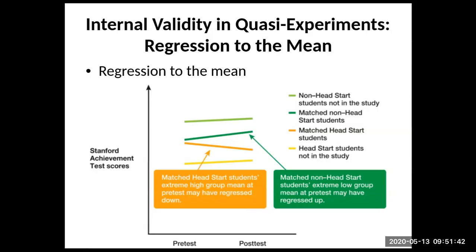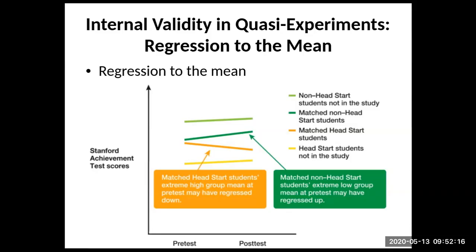So in this case, looking at the students in Head Start, we could match their scores as best we can to scores of people in regular preschool programs. So you can see down there for pre-test and post-test. That's one of the things we can do, make that post-test only design a pre-test post-test, so that we can match scores of students, match their scores in achievement in preschool, and then track those scores through the K through 12 system maybe.